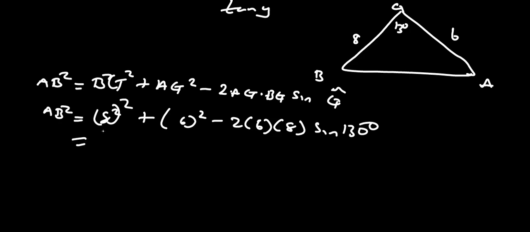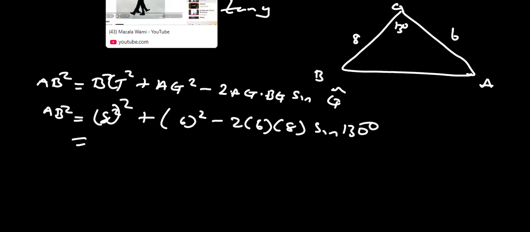So you can even punch it using your calculator. I don't think I have the correct calculator here, and I don't know whether it's going to give me the required answer, but let me try to punch it. Minus 2 times 6 times 8, and then put another bracket here.